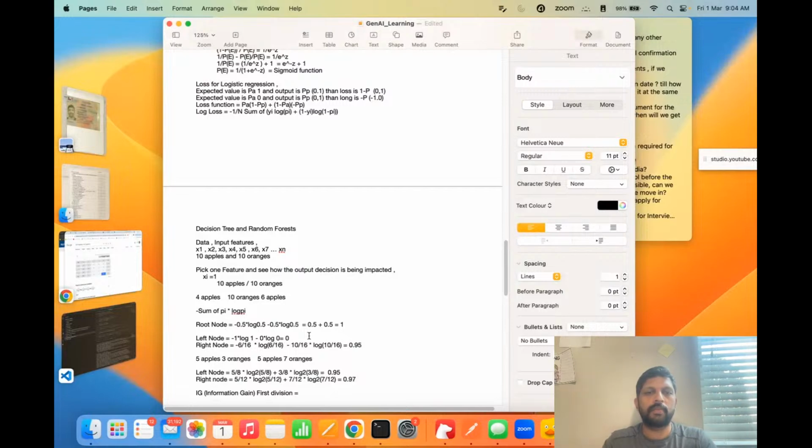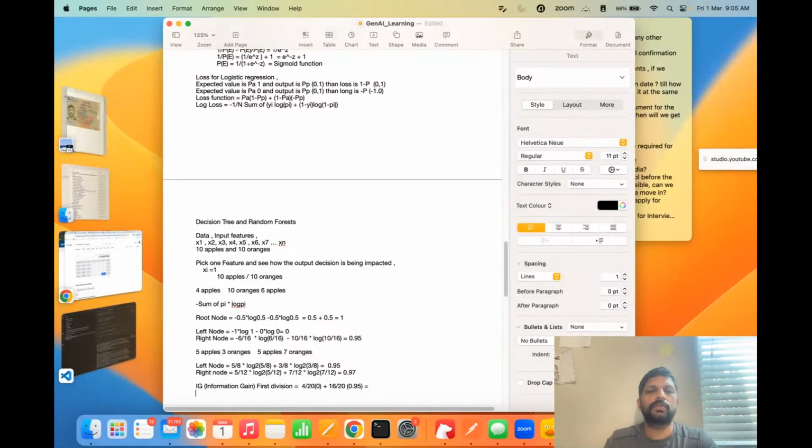Left node is 4 apples, so it's 4 by 20 into 0, plus right node is 16, right? So it is 16 by 20 into 0.95. This is the information gain on the first one.